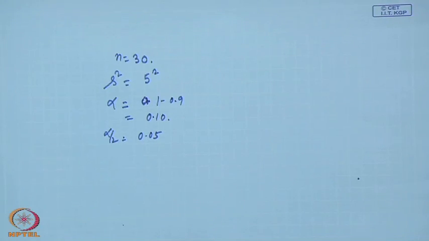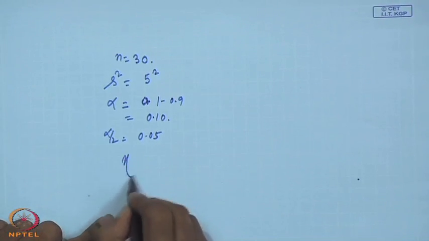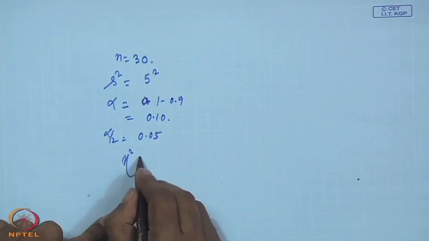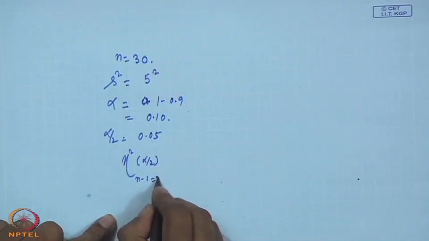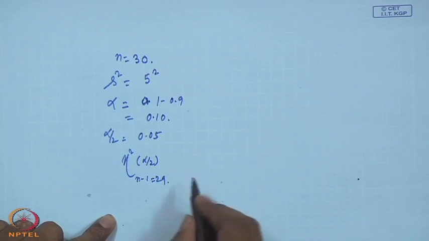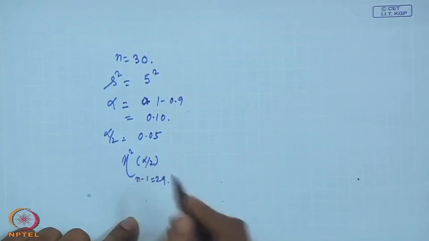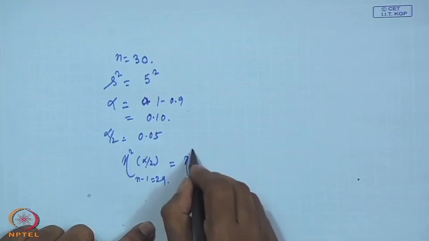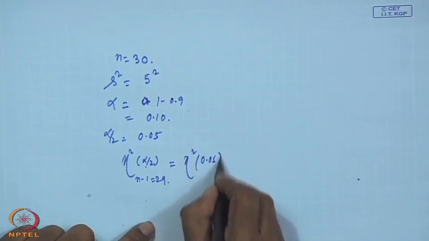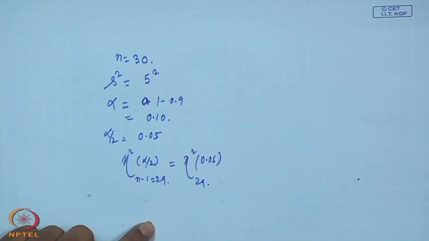You want to calculate two chi square values: chi square alpha by 2, n minus 1, where n is 30, that is 29, and alpha by 2 is 0.05, so chi square 0.05, 29 you require to get.